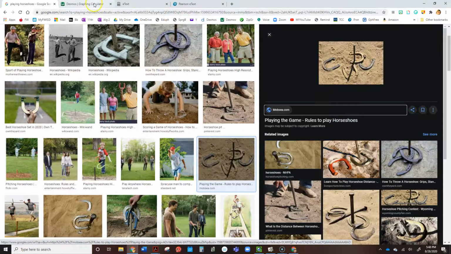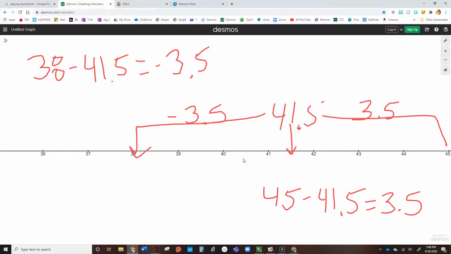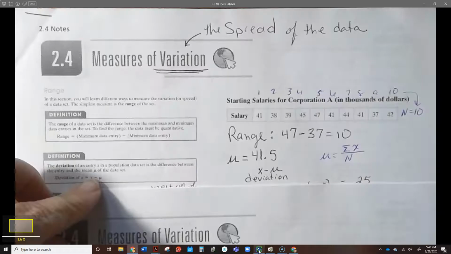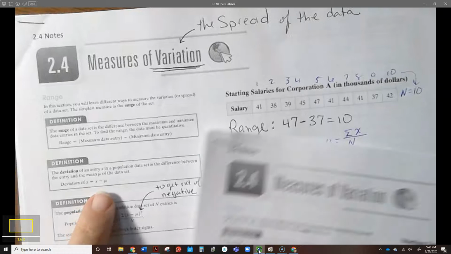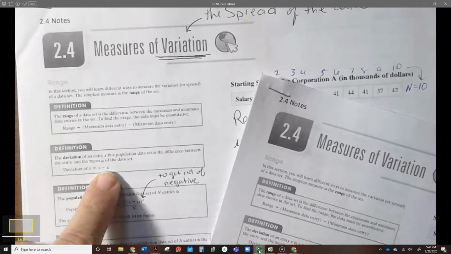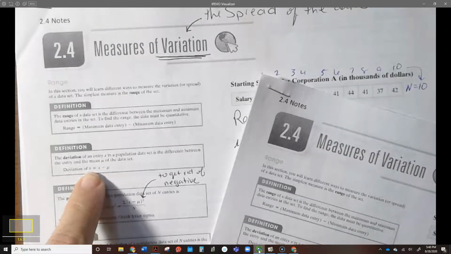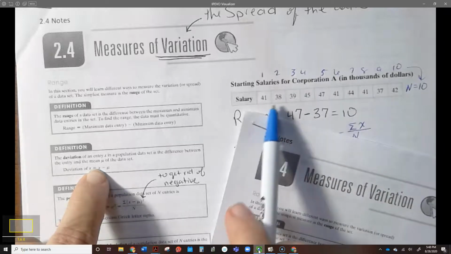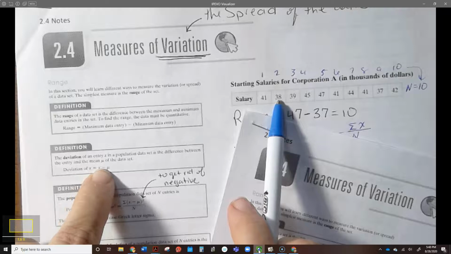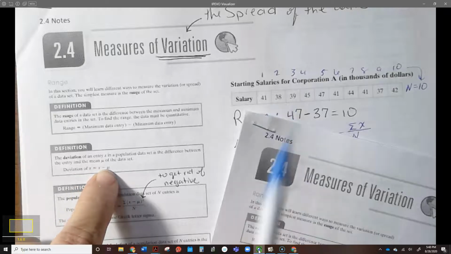But when you're on a number line and you have a formula, and the formula tells you that you have to subtract, and that's what we have over here. We have a formula, and the formula is right here. It says to find how far away you are, you have to take the data point, which in this case is 38, and you have to subtract it from the average.